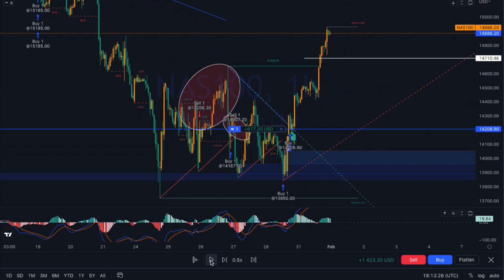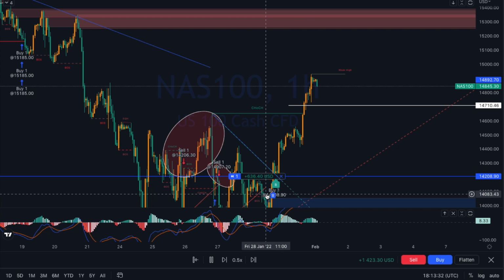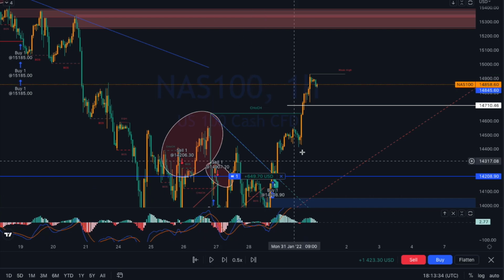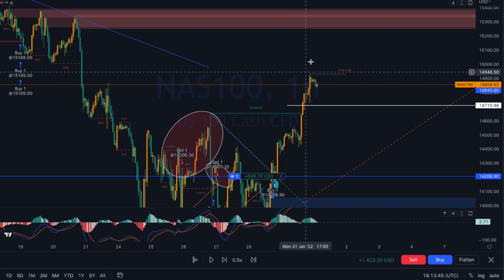So let's see how that goes. Actually, wait, let's hit pause for a second. Now that we're collecting a decent amount of bread off this, actually, you know what? I'm going to let this run and see how high it's going to go. This is the level that it could go up to, actually, sorry. So let's hit play.